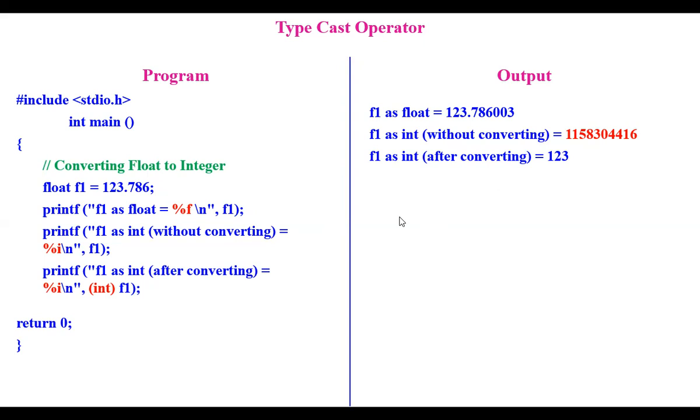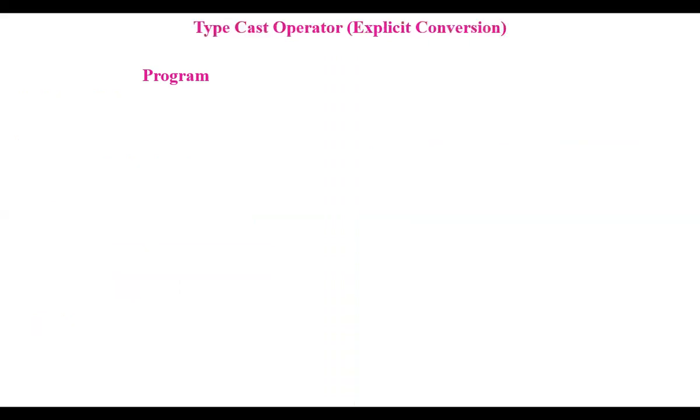That's how we have to convert one type of data item to another type. Clear? Here, because our role is there in conversion of this data item, this is called explicit conversion. Clear?